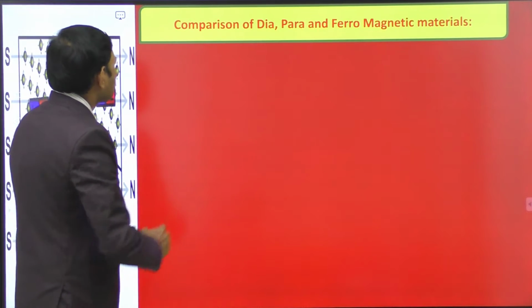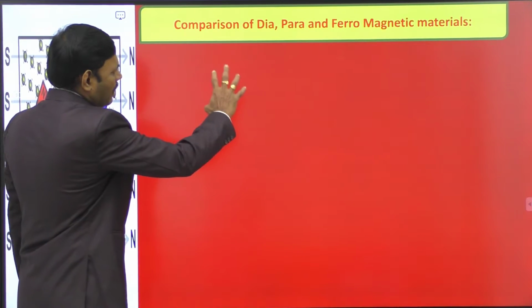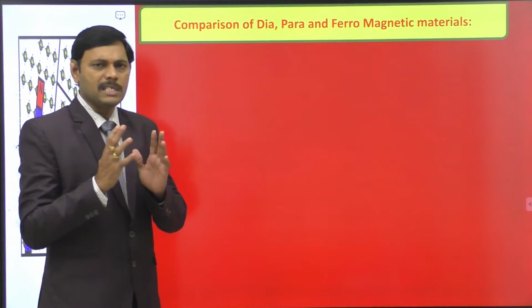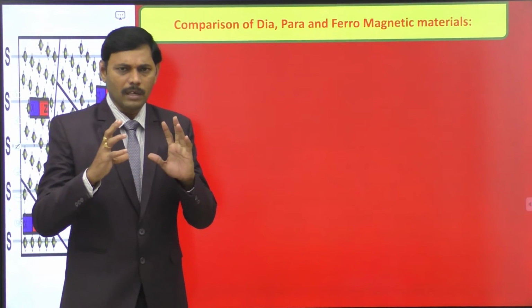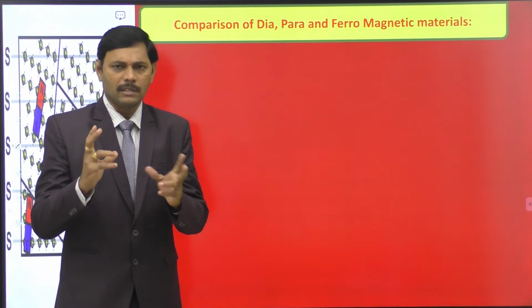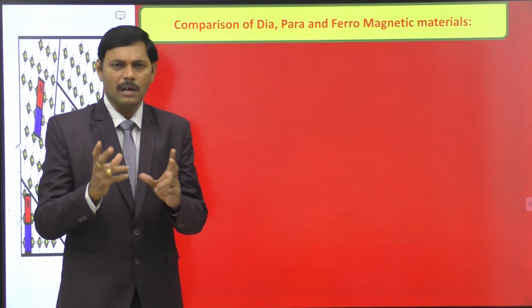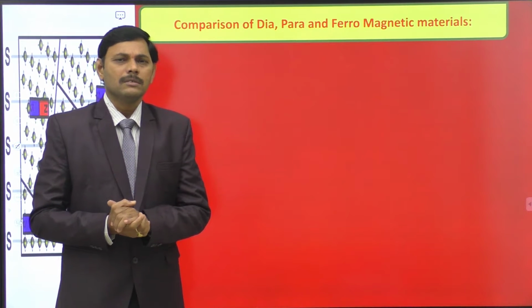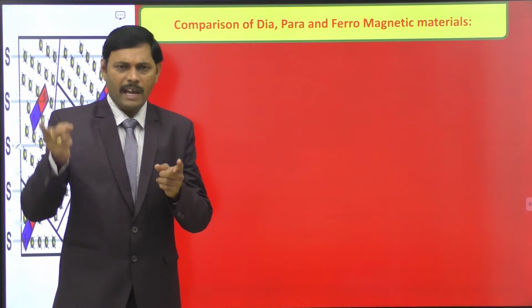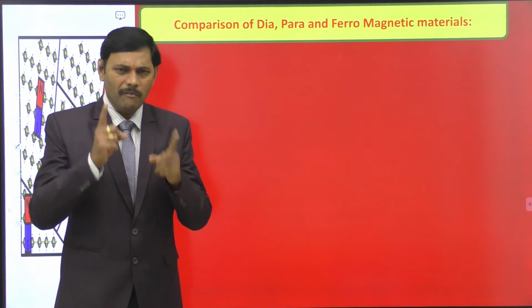So first one is the comparison of dia, para and ferromagnetic materials. As I explained, we have so many substances that we discuss in daily life such as iron, cobalt, nickel, oxygen, copper, aluminum. All these substances don't show the magnetic property in the same way.